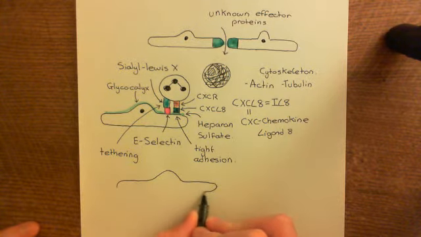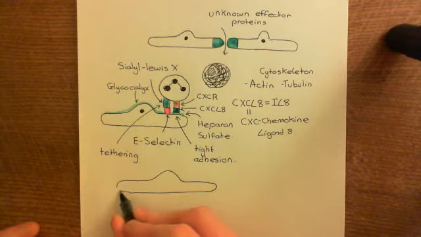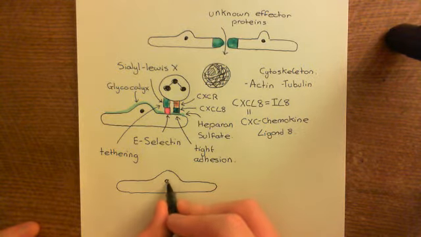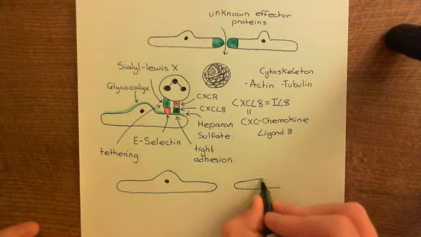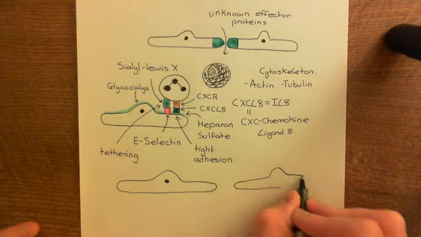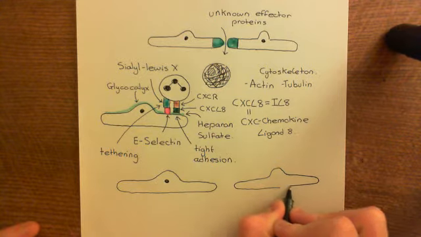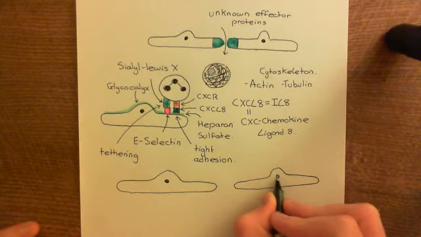Okay, so here is our endothelial cell. And here is our neighbouring endothelial cell over here. Remember, they've opened up gaps between them, but that gap still isn't big enough for a cell to fit through, at least not without help.